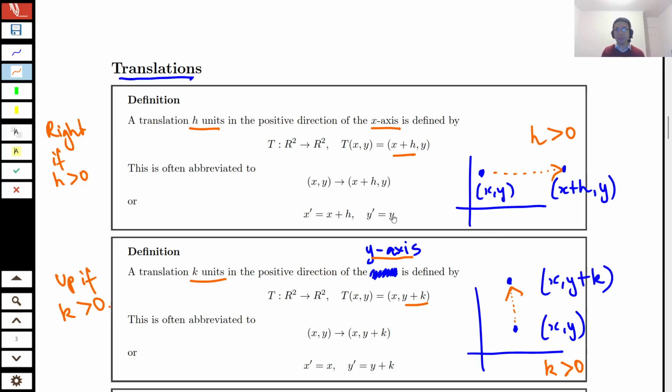Okay. Now on the last page, I'm going to give you all these results in a table. I hope that as you're reading this makes sense. I'm replacing x with x plus h to increase the x value if it's going to the right, and I'm replacing y with y plus k to move the point upwards if k is positive.